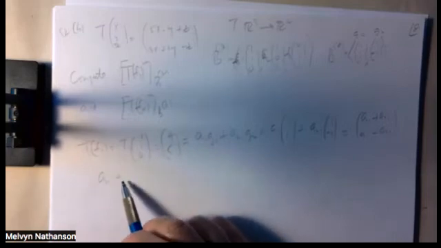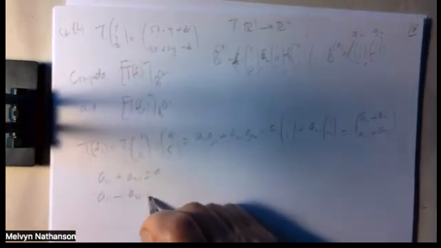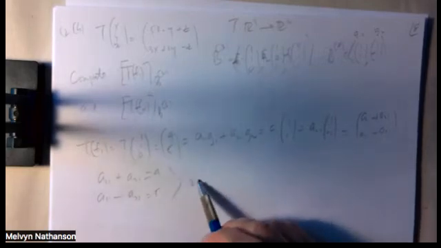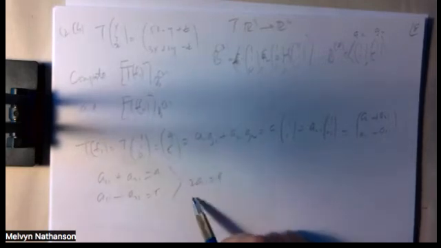So I have to solve my high school algebra problem, 2 equations and 2 unknowns. A11 plus A21 equals 4. A11 minus A21 equals 5. If I add, I get 2A11 equals 9.